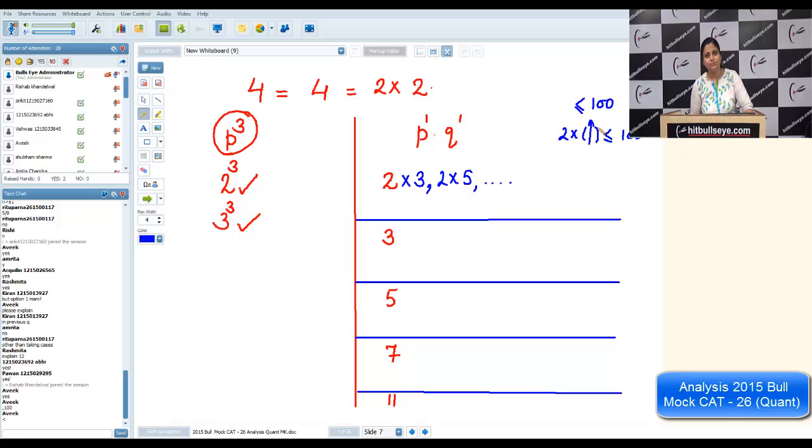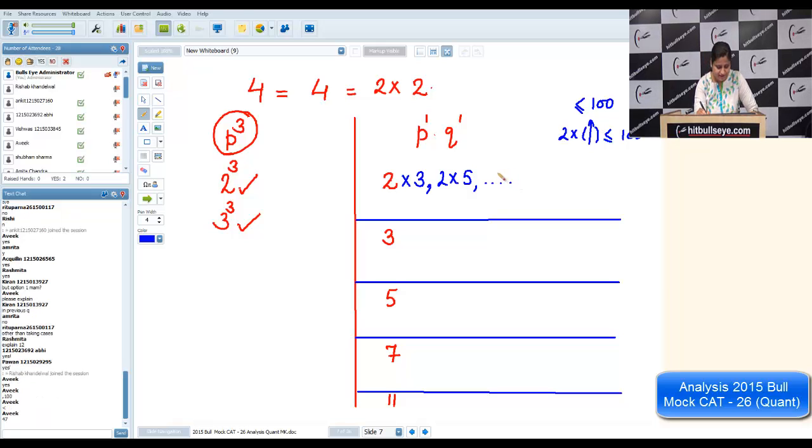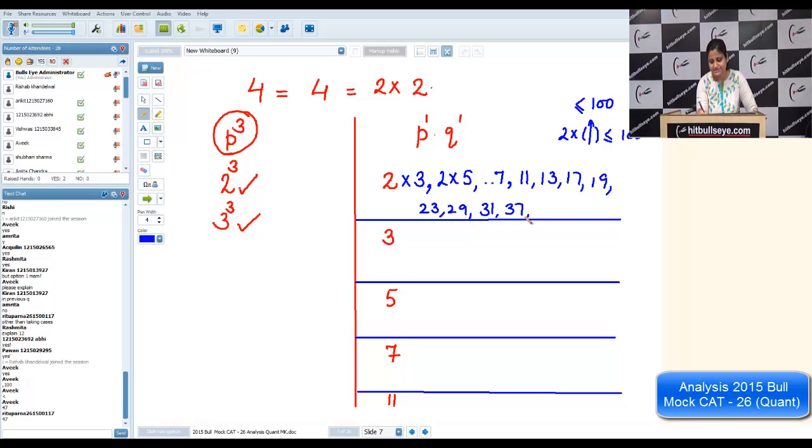So we can write all the primes up to 50, and they are 3, 5, 7, 11, 13, 17, 19, 23, 29, 31, 37, 41, 43 and 47. So these many numbers are possible in this category.